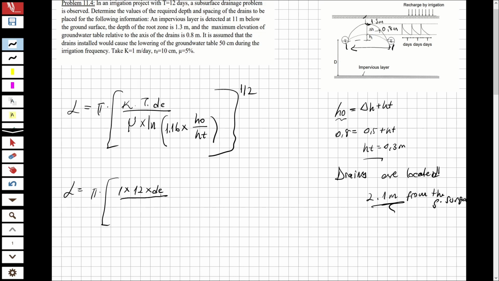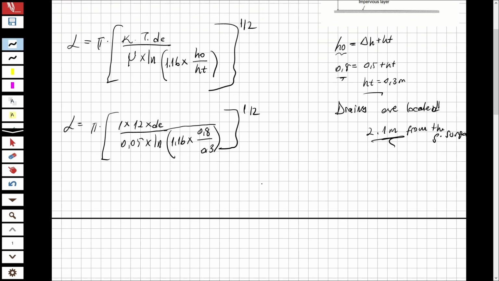And we divided by 0.05 multiplied ln 1.16 multiplied H0. What is H0? You can look at here, it's 0.8, over Ht is 0.3, and this to the power 1 over 2.